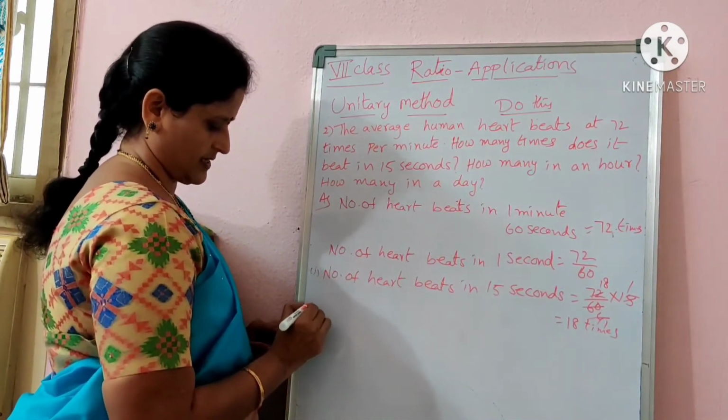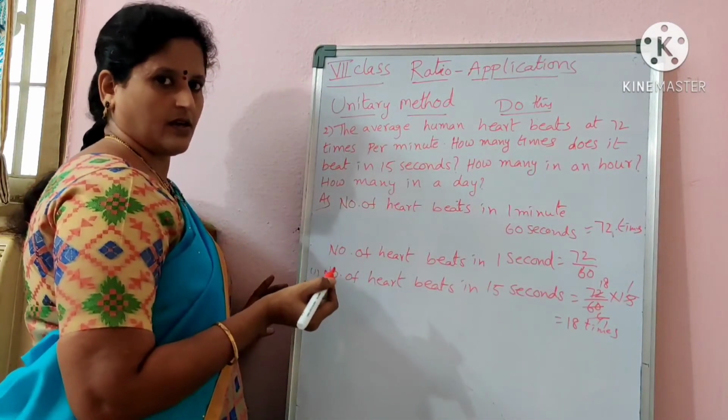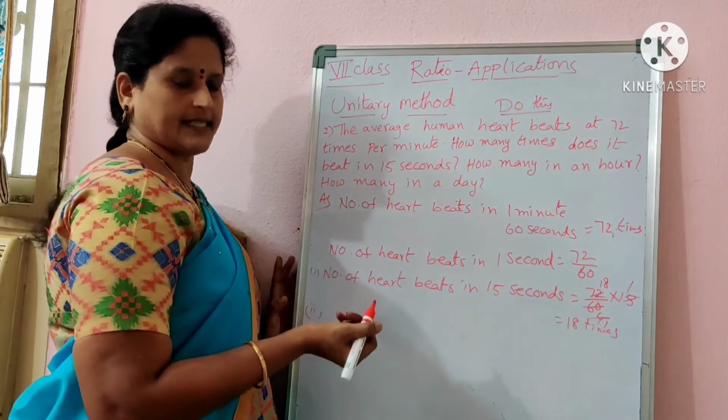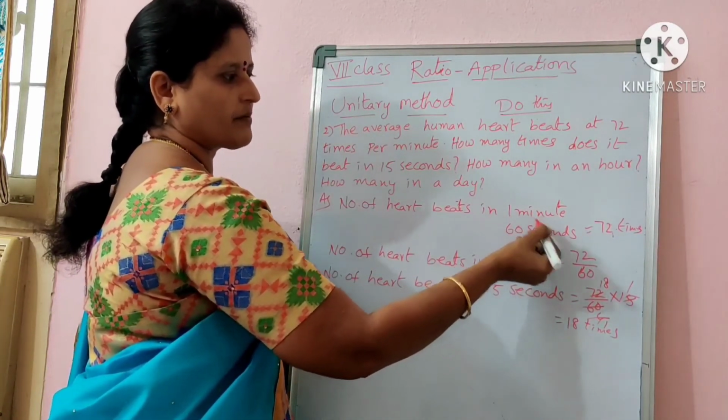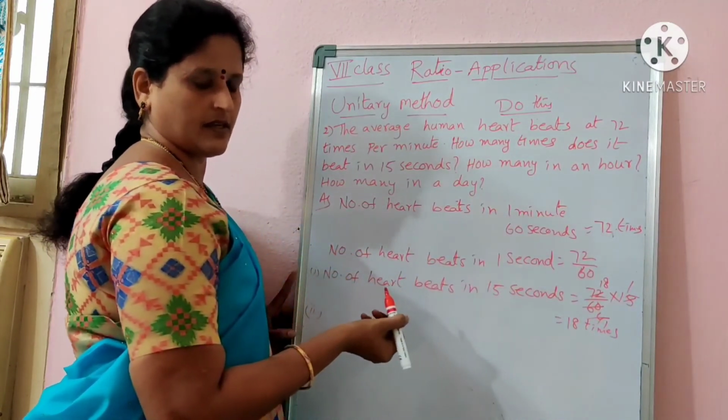Second question. How many in an hour? Hour means 60 minutes. Already, in 1 minute the heart beats 72 times.